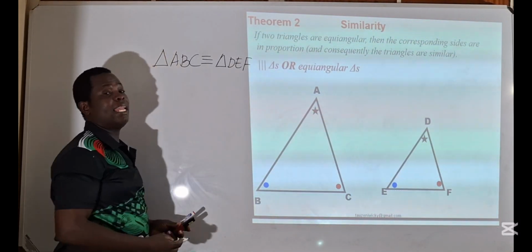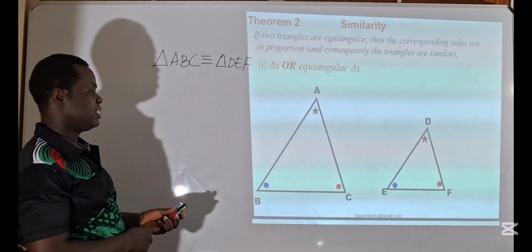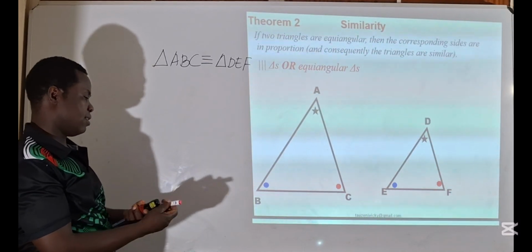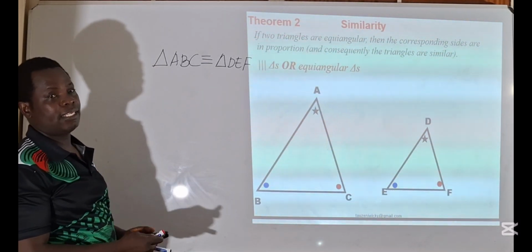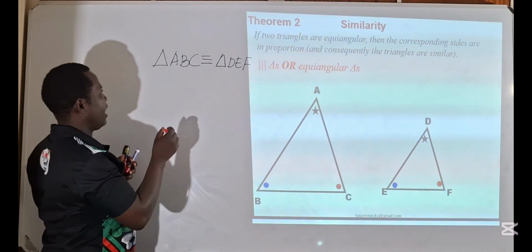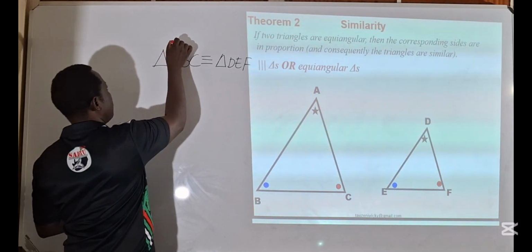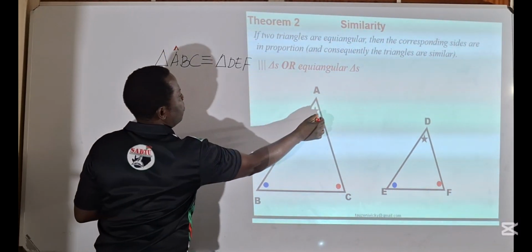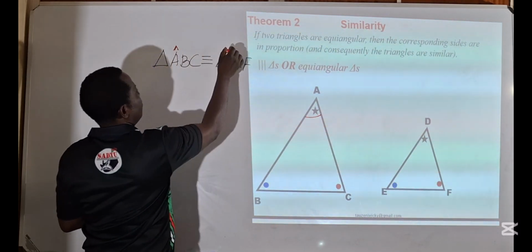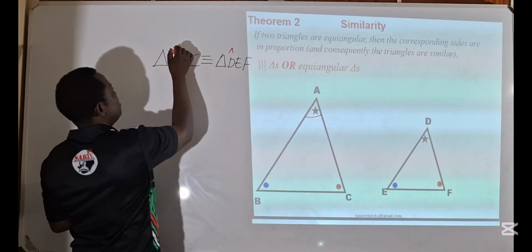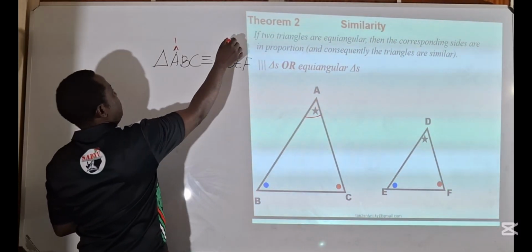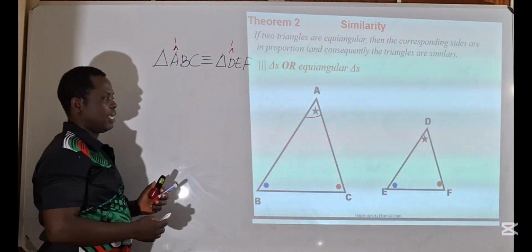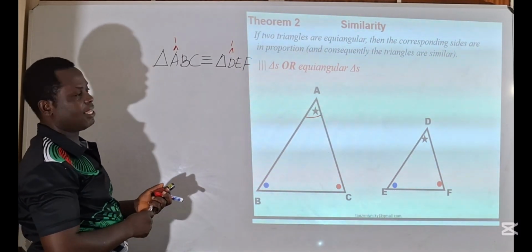That is similarity. So the condition here that is very critical that we need to make sure we understand is that the angle at point A and the angle at point D, the first angle here and the first angle there, must be exactly the same.